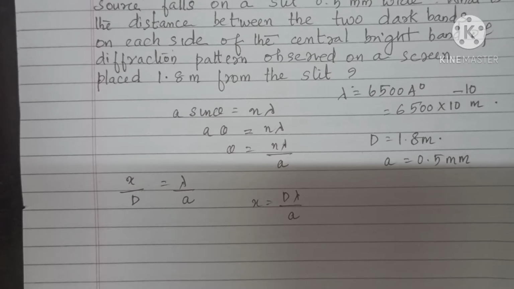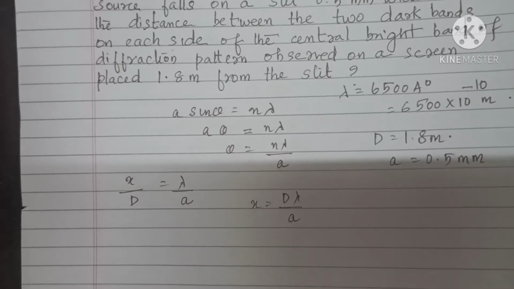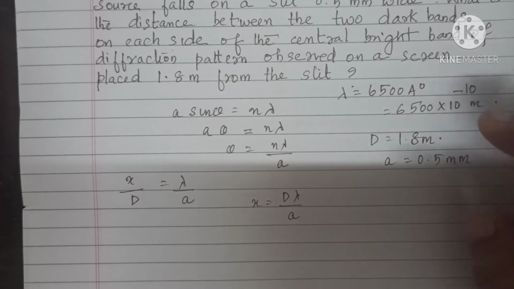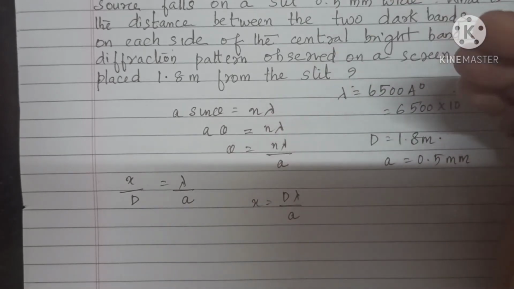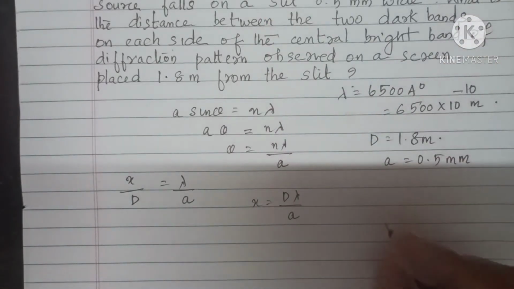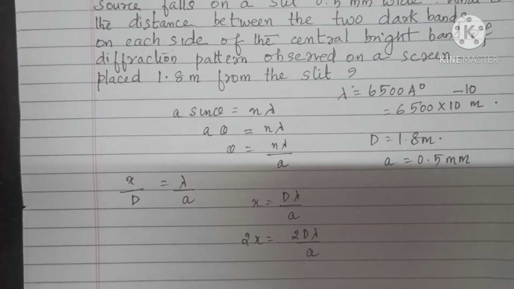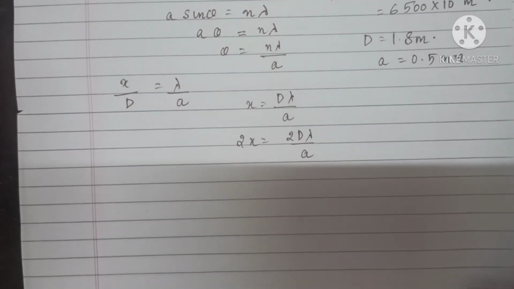So from the central point to first dark band or the first minimum, the value is D lambda by A. So if you want to find both on each side, the expression will be 2x, that is 2x is equal to 2D lambda by A. Clear?